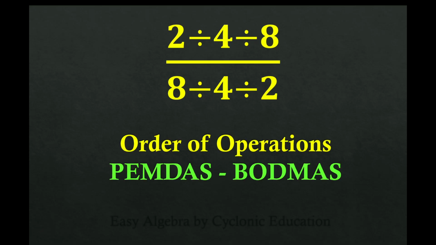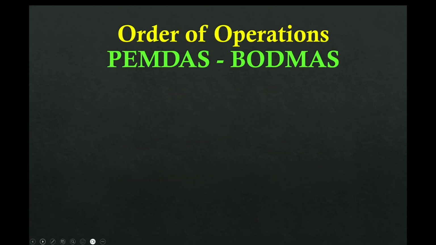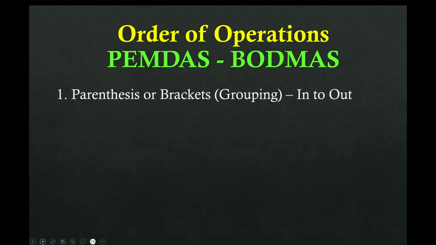That will involve the order of operations, which is PEMDAS or BODMAS, depending on your location. So, what is the order of operations? Well, PEMDAS and BODMAS are just ways to remember the order that we need to do our operations. The P or B stands for parentheses or brackets, which is just our grouping symbol, and we want to do those from the inside out.